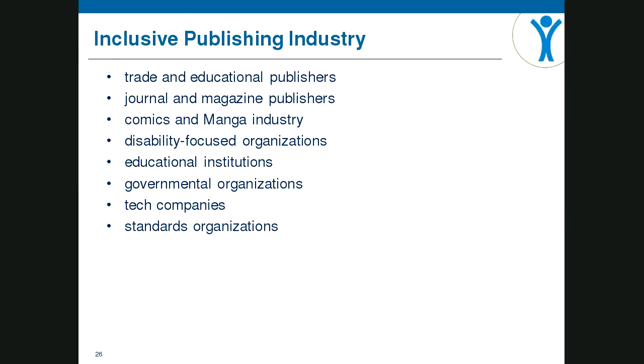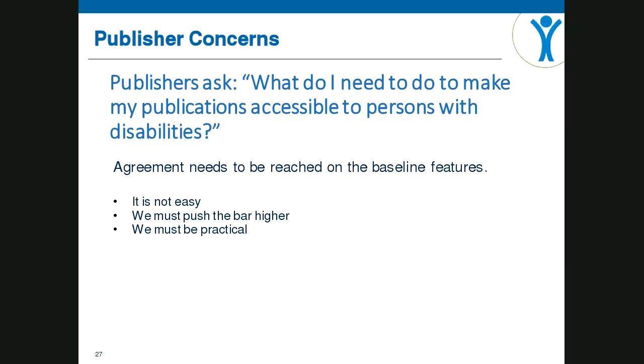So, slide 27. The publishers' concerns are that there is no agreed upon level of accessibility for digitally published documents. For example, if you've got a cute little graphic that conveys no information, the publisher likes to put it in the book, and it's ornamental, it provides no information, but it's a graphic sitting there.